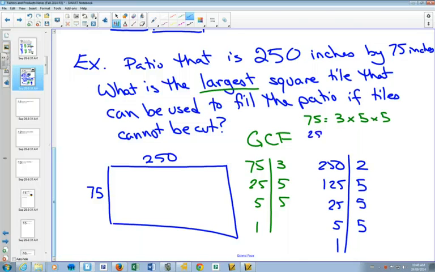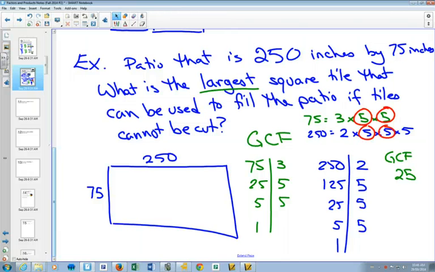And 250 equals 2 times 5 times 5 times 5. What do they have in common? They both have a 5, and they both have another 5. So the greatest common factor here is 25.